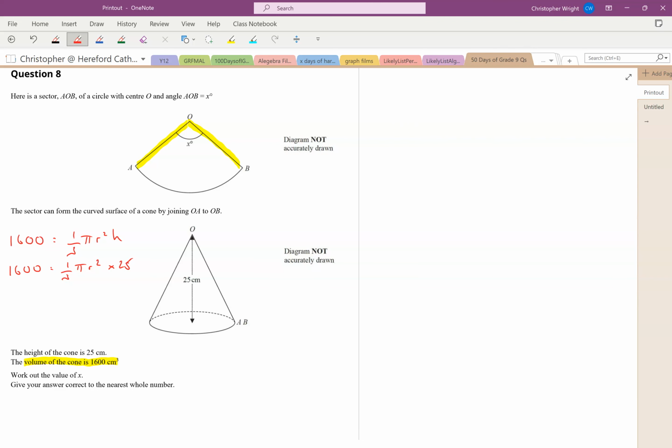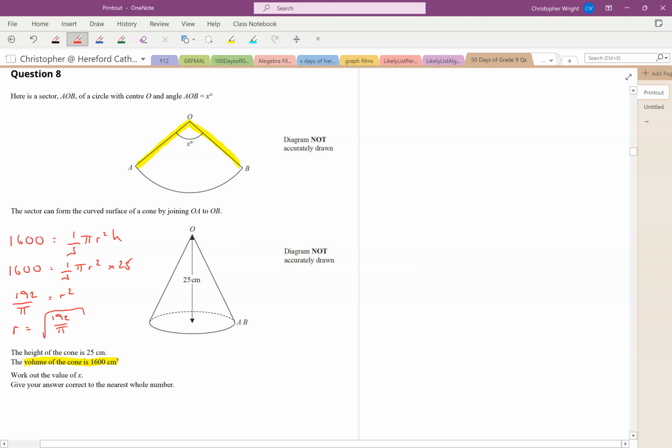I'll do 1600 times 3, divide by 25, and I get 192. Divide by pi, and that is r squared.